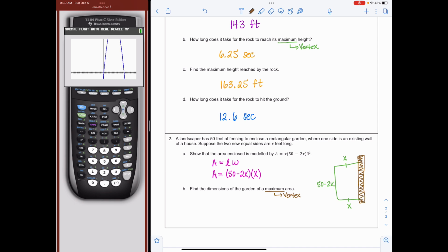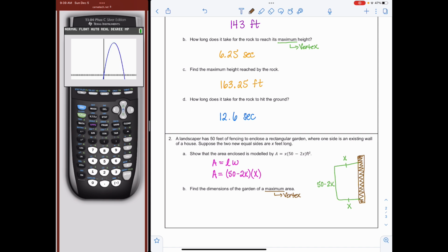Okay, I need to go a little bit higher, so let's go to 300. Almost. I'm going to change that Y maximum to 350. All right, now I can view it on the screen.